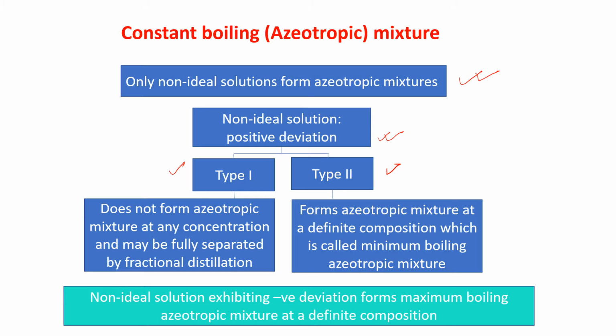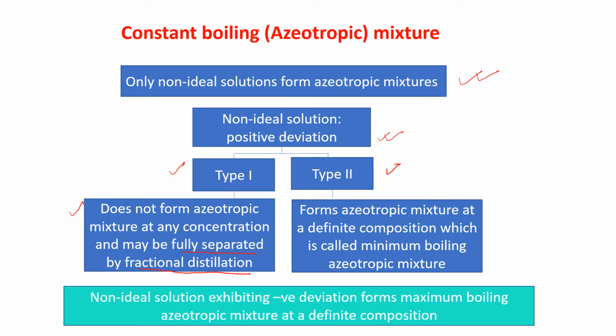Type 1 does not form an azeotropic mixture at any concentration and may be fully separated by fractional distillation.